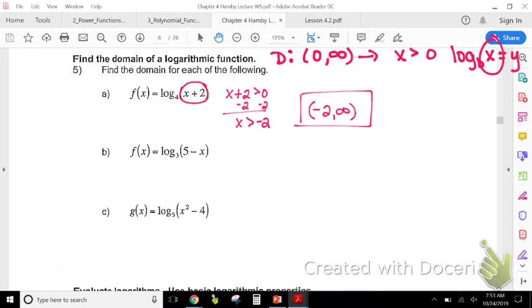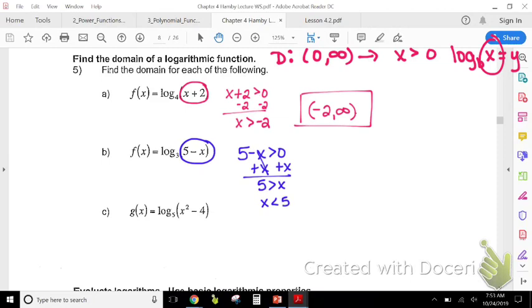All right, so let's try B. What are we taking the log of? So we know that 5 minus x has to be greater than 0. I'm going to move the x over, which means 5 has to be greater than x, or flip it over, so x has to be less than 5.